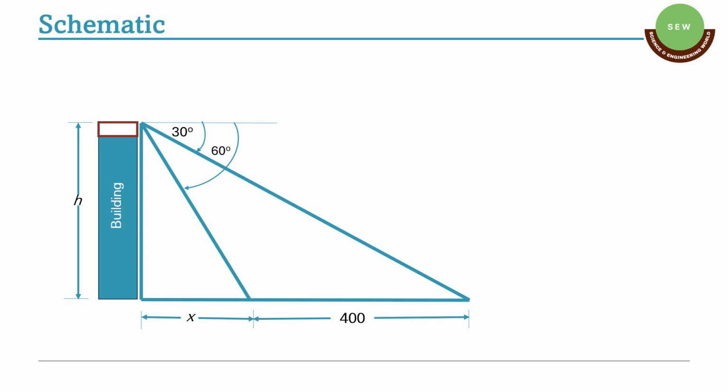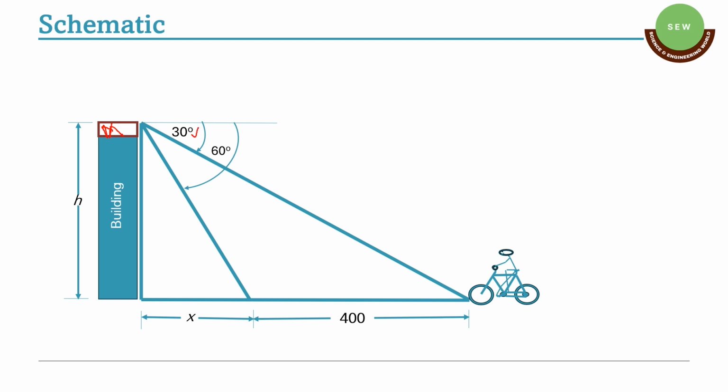Now to this problem. We have a schematic diagram that shows the mother sitting at the top of the building, observing her boy riding home, and her angle of depression was 30 degrees.